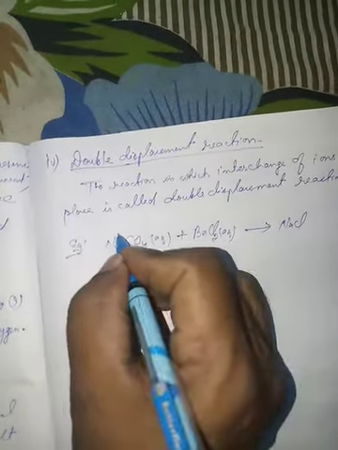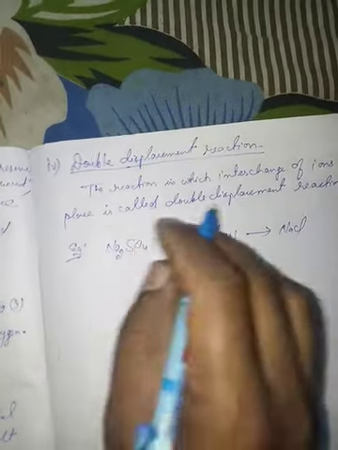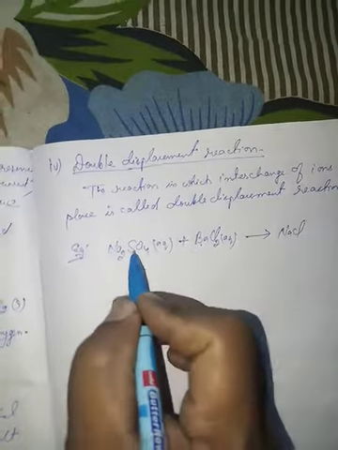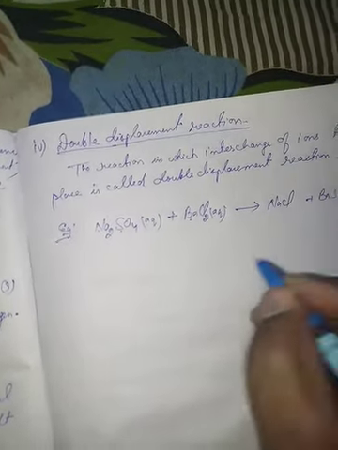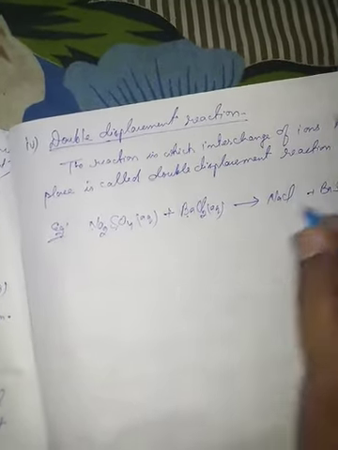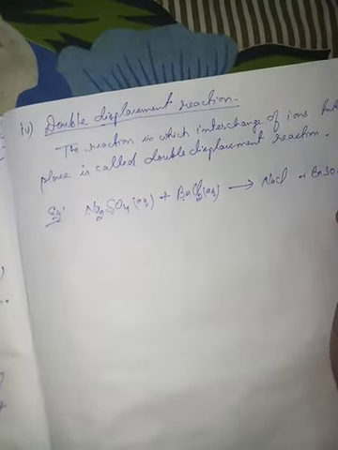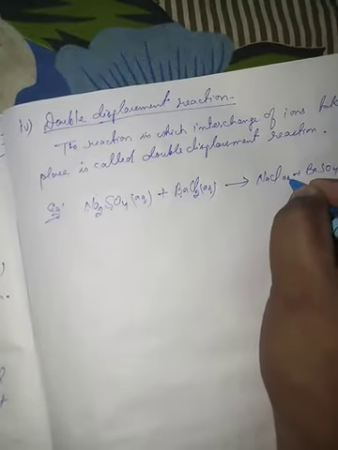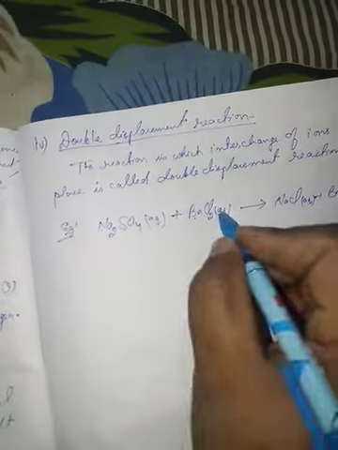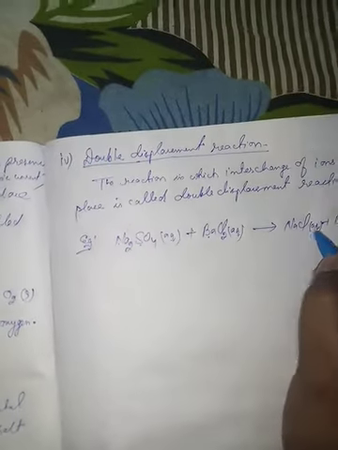Ions, positive ions here, negative ions interchange, positive barium, negative sulfate, barium sulfate is formed.